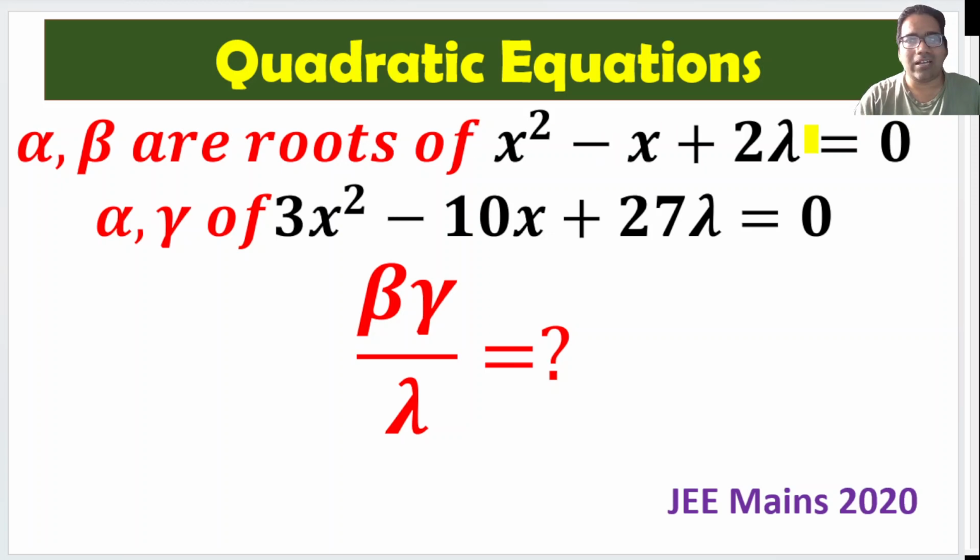Then we have two equations in terms of alpha and lambda, so we can solve for alpha and lambda. Because alpha is common, if you replace x with alpha, this statement should hold true. Similarly, beta square minus beta plus 2 lambda is also 0. So let's do that.